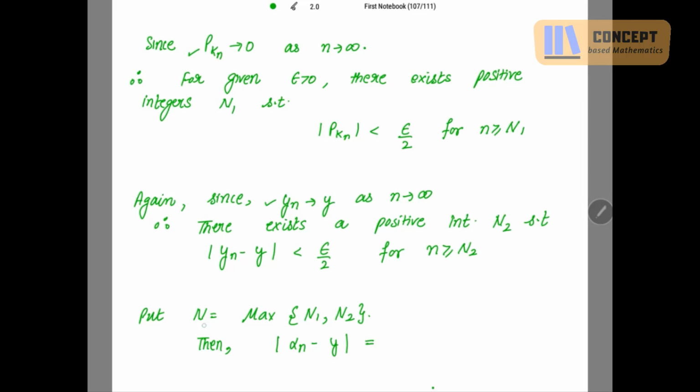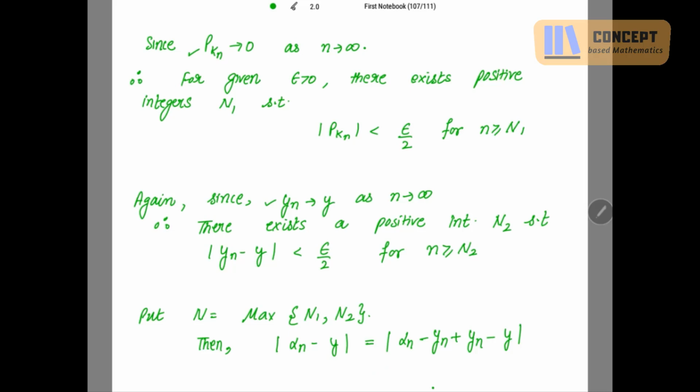Now taking capital N to be the maximum of n1 and n2, then mod of alpha n minus y will be equal to, because I have yn over here, I have to use this mod. So I add and subtract yn like this, right?